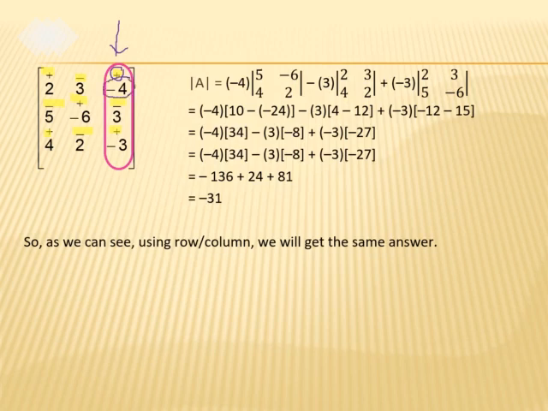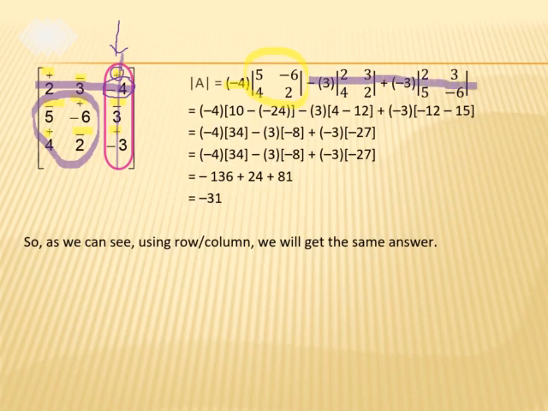So plus tak payah tulis lah. So just -4 and then the minor. Same. Kita tutup -4 row and column. So left to you is 5, -6, 4 and 2. And so on.